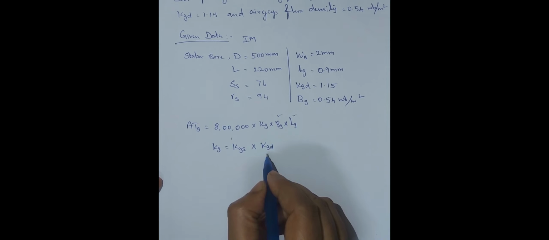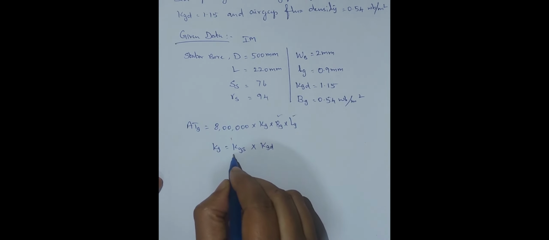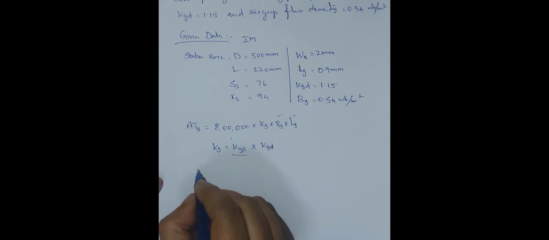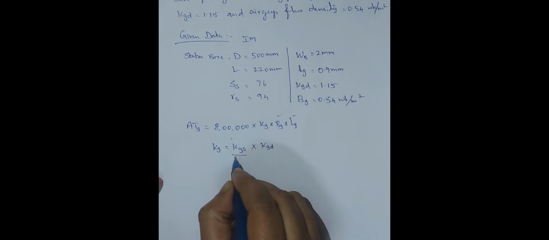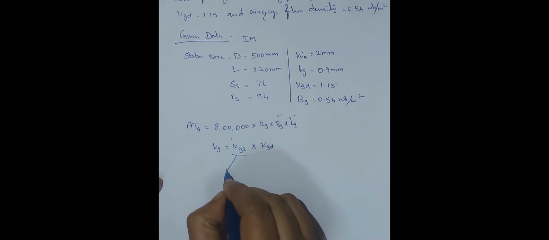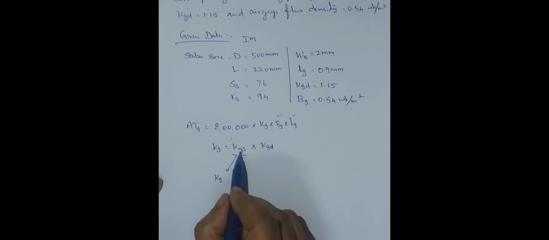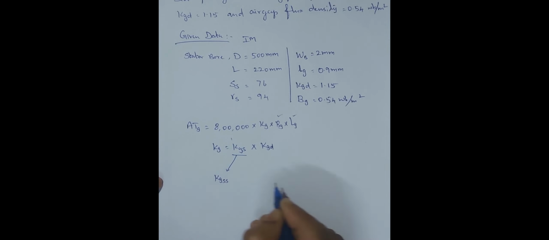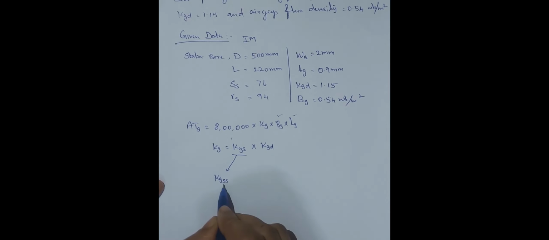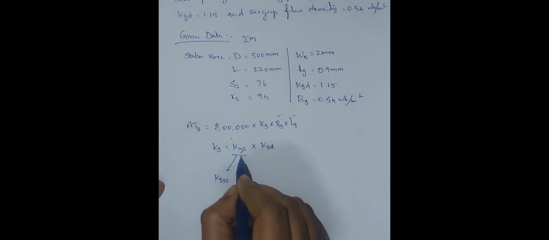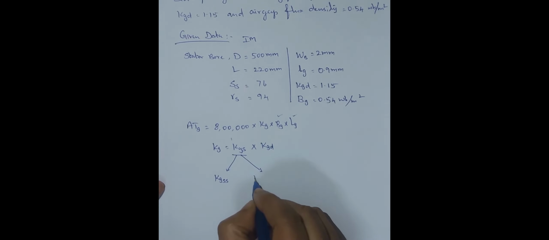Now this Kgs is split into two things, because we have the gap contraction factor for slots, Kgss, the gap contraction factor for stator slots, and again we can split it as the gap contraction factor for rotor slots.